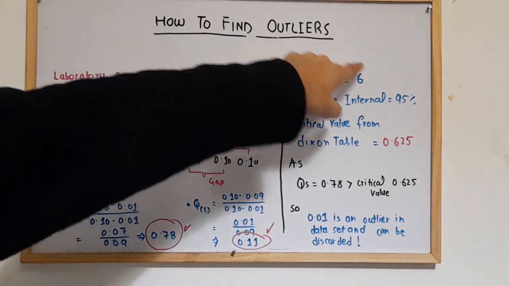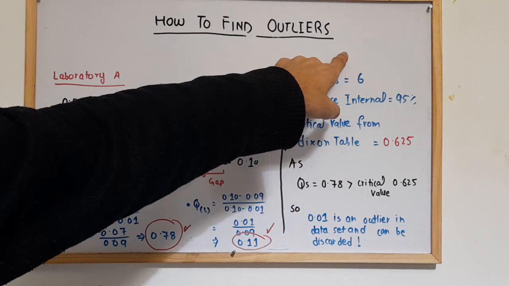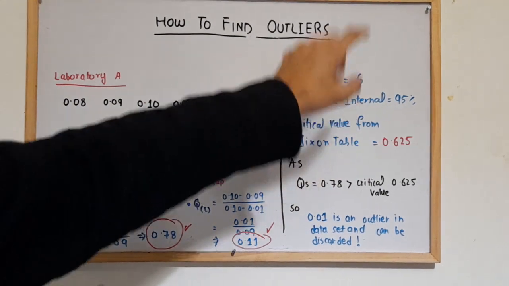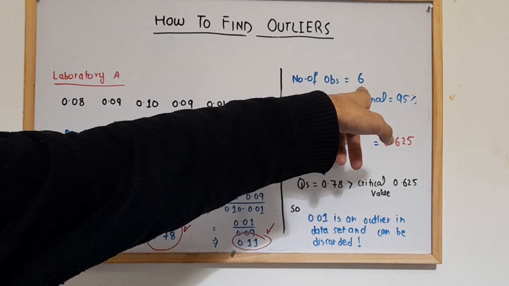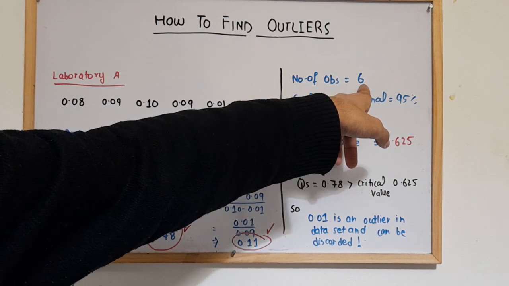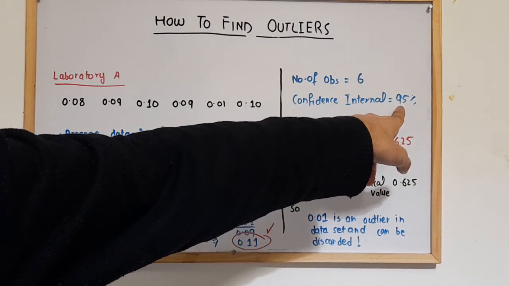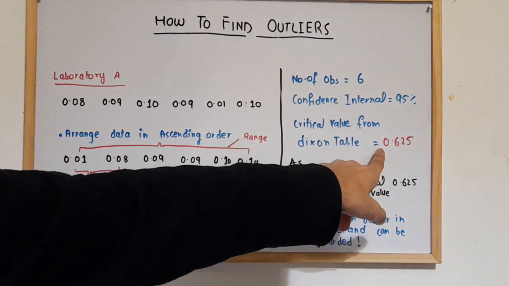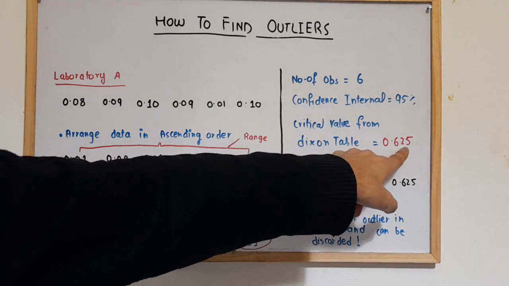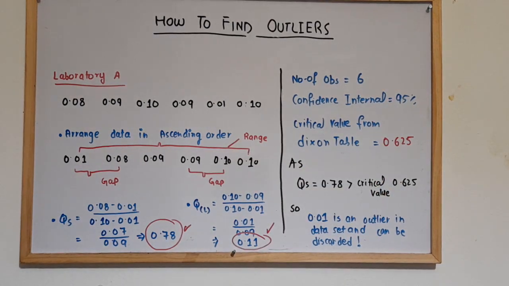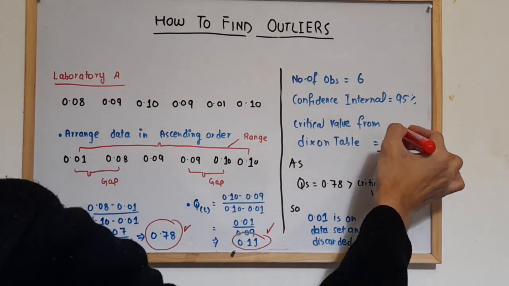We check the column for 6 observations at 95% confidence, and you get the critical value of 0.625.